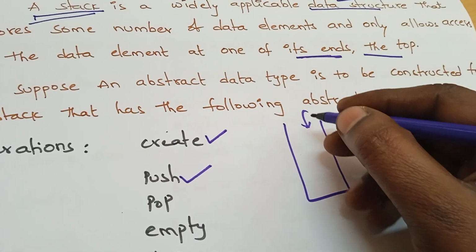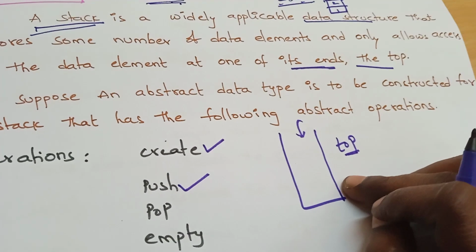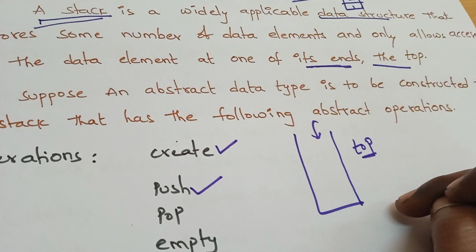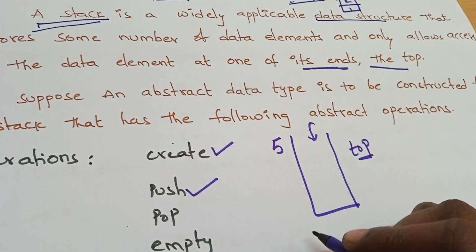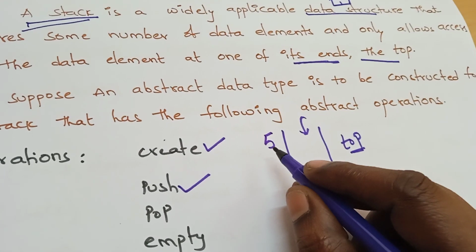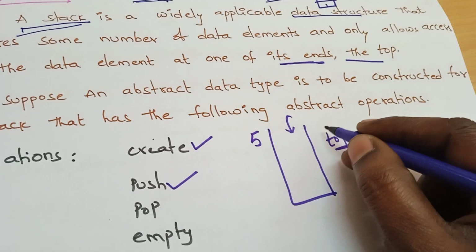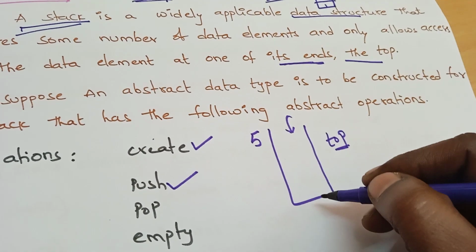Pushing is performed when top is not equal to the maximum size. Let us take the example that the stack size is 5. The maximum size is 5. Top is the only place through which we place the element.